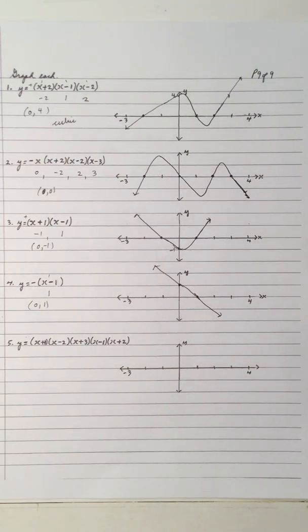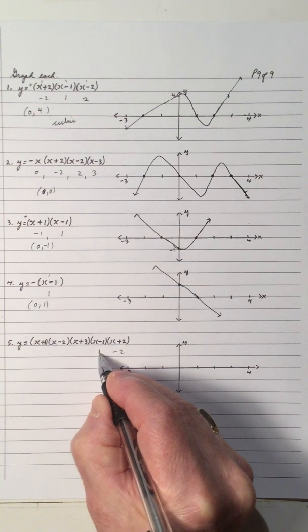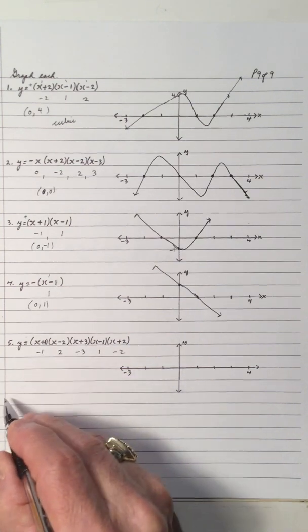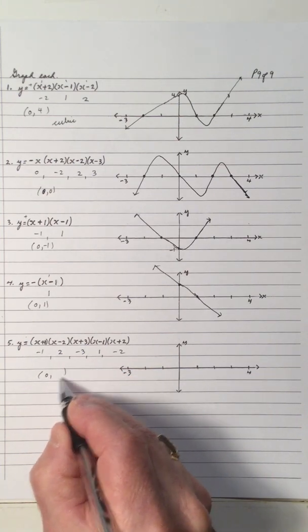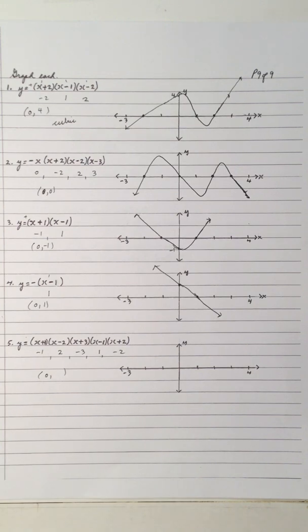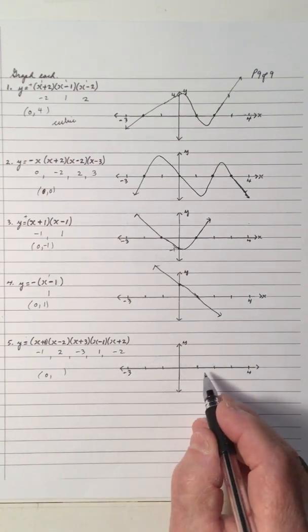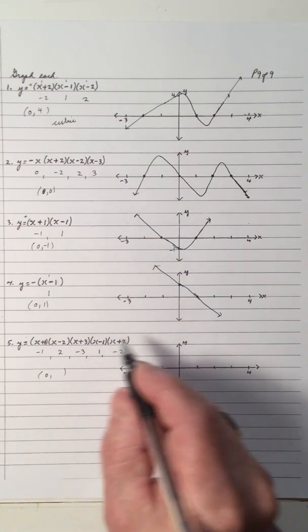And number 5, we have x-intercepts of -2, 1, -3, 2, -1. There are all the x-intercepts. Just to check if we draw it right, because if you plot these and don't draw it right, doing the y-intercept makes sure you get the flow right.